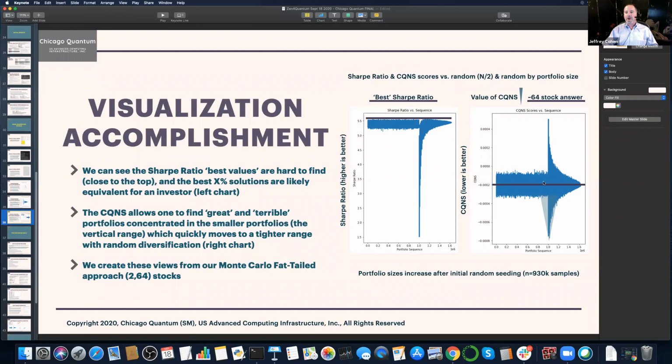But the Chicago quantum net score is interesting too, because there are winners. I drew a little triangle. I said, there's the value right there. And there are losers. If you just did Monte Carlo without really probing into the small portfolios, you might never see these couple of solutions.